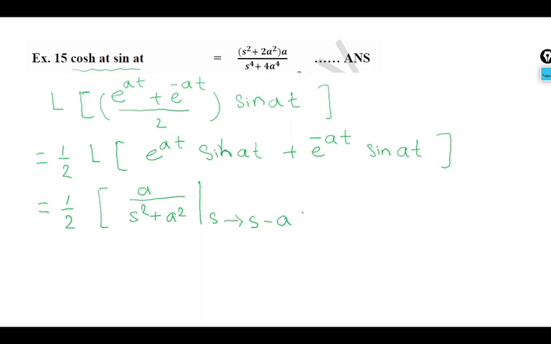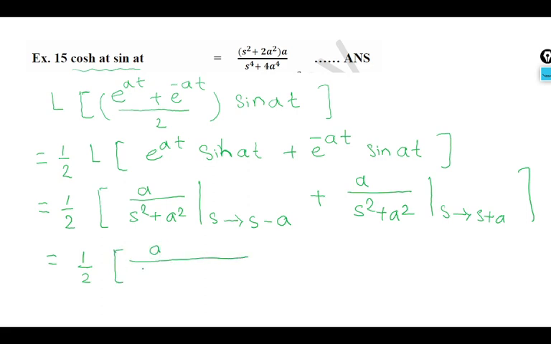We replace s with s minus a, and for the second term, Laplace of a upon s square plus a square, but we are shifting s to s plus a. So that is for shifting, and we get the answer here as a upon (s minus a) bracket square plus a square, plus a upon (s plus a) bracket square plus a square, and that will be our final answer.